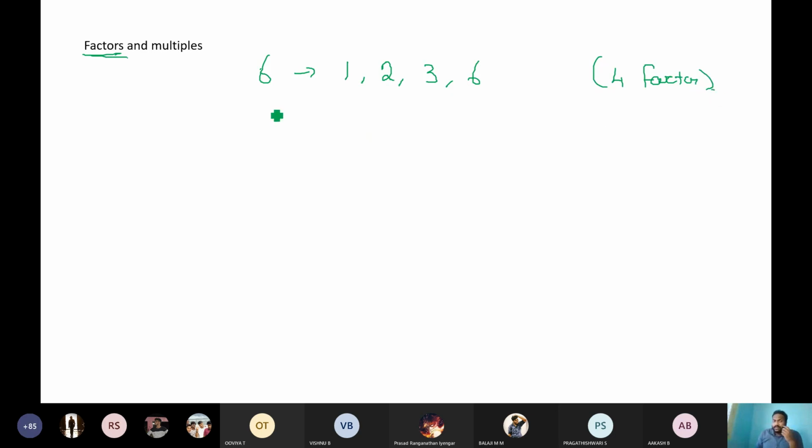Now let's take the number 24. Can you guys tell me what the factors are here? Let's list them out one after the other. What are the factors of 24, guys?